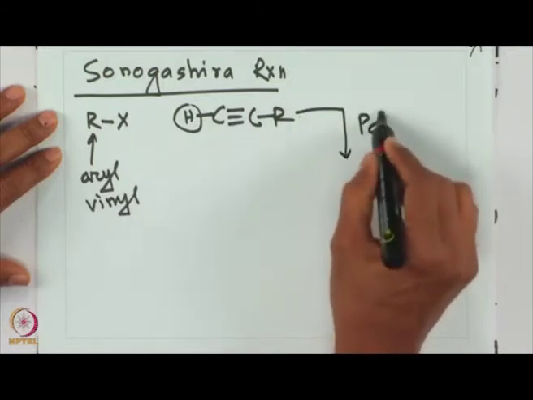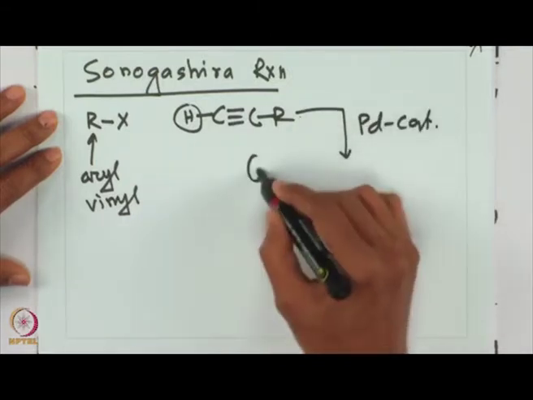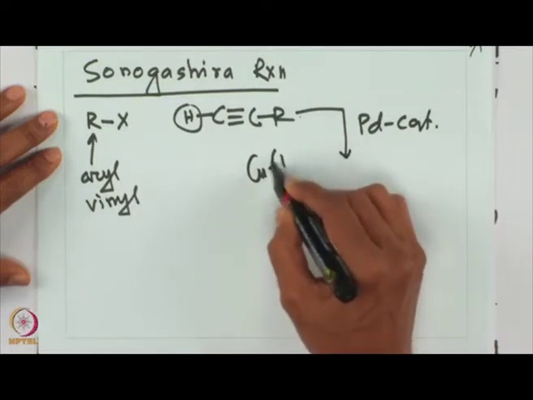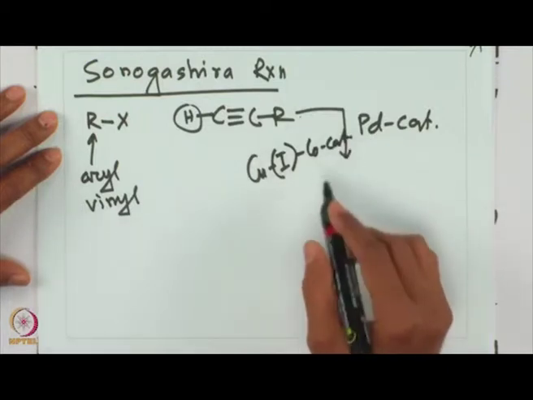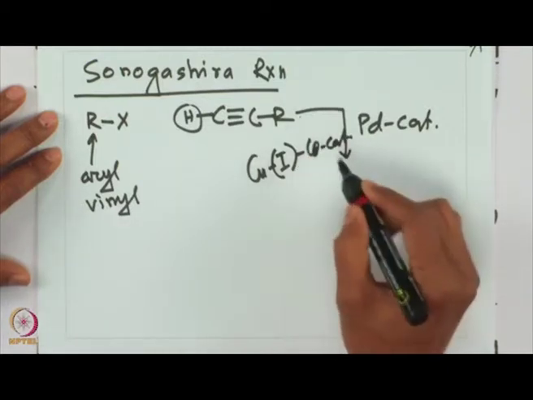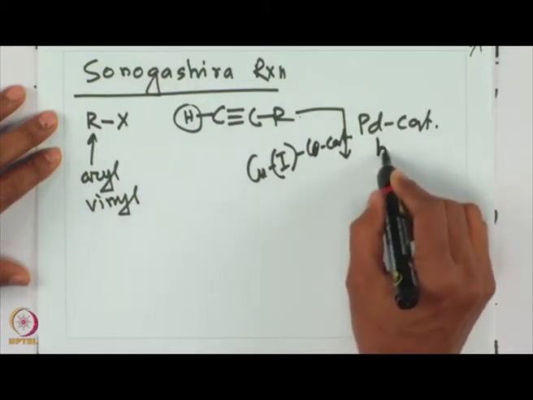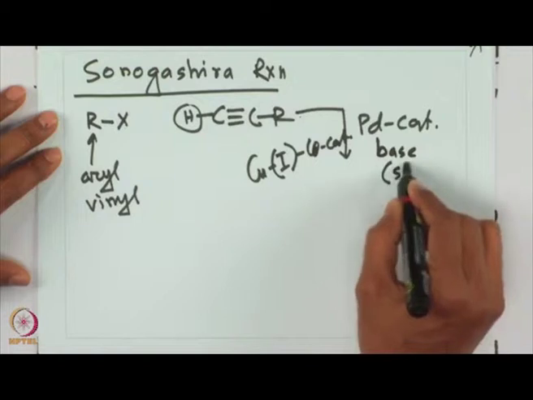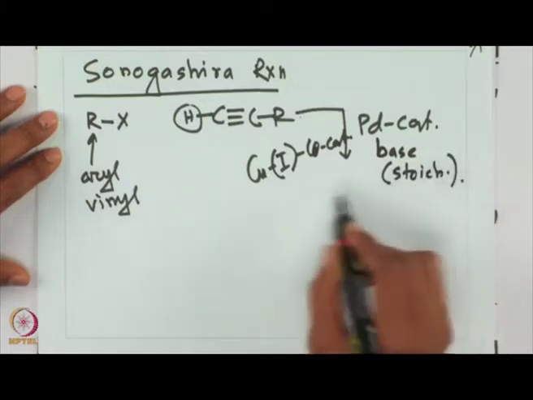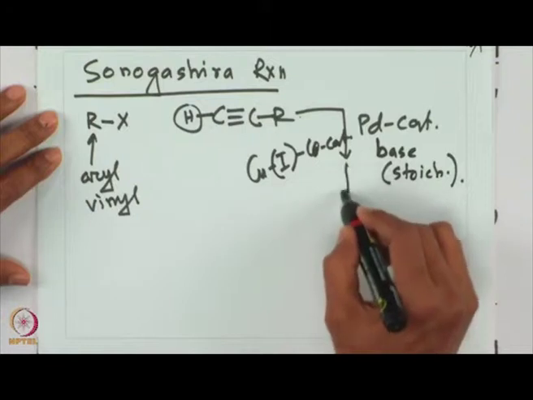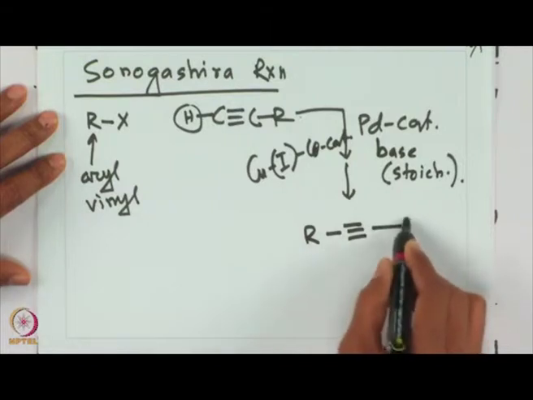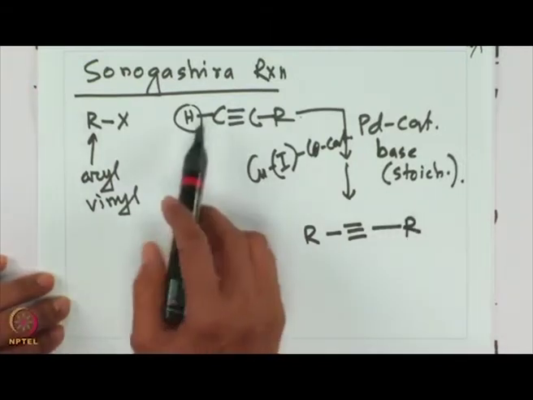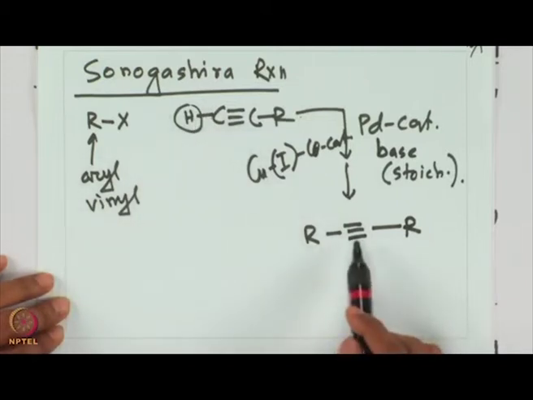Overall you will get a palladium catalyst, usually nowadays a lot of variations are there, copper(I) co-catalyst, okay, not cobalt, this is a co-catalyst, and a base which is usually in stoichiometric amount, that is for example triethylamine and so on. Overall you get the product formation which is an internal alkyne. So, essentially from a terminal alkyne you get an internal alkyne in the process.